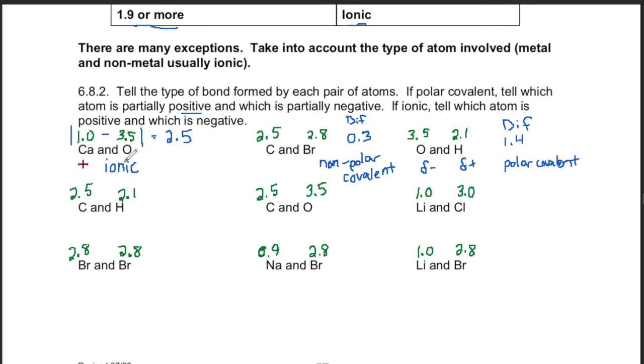So calcium is the cation, I'll put a plus here, and oxygen is the anion, so I'll put a minus here. Of course, they're +2 and -2, but I'll just put the positive and negative here. So the difference between carbon and hydrogen is 0.4. This is pretty even sharing.